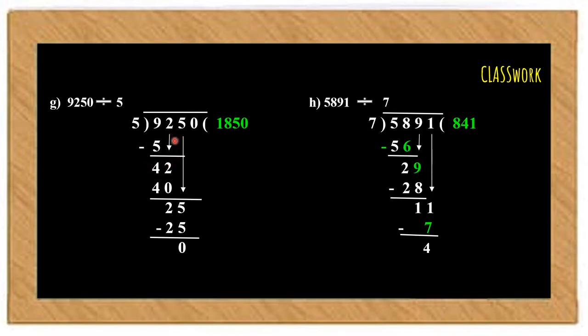We bring down the 2 to obtain the new dividend as 42. In the table of 5 children, we know we don't get 42. But we also know that 5 multiplied by 8 gives us 40, which is a number just smaller than 42 in the table of 5. On subtracting, we get 2 as the answer here.